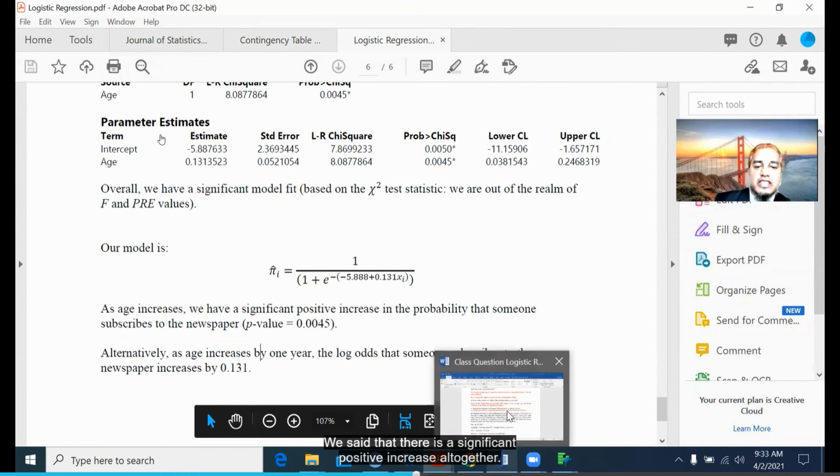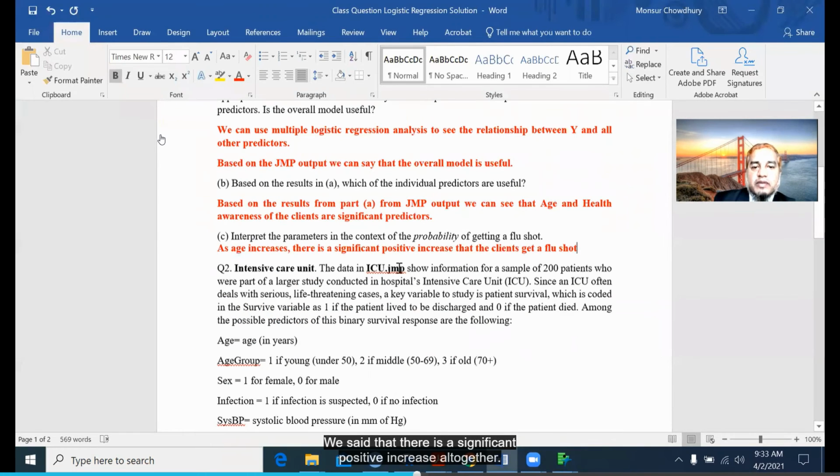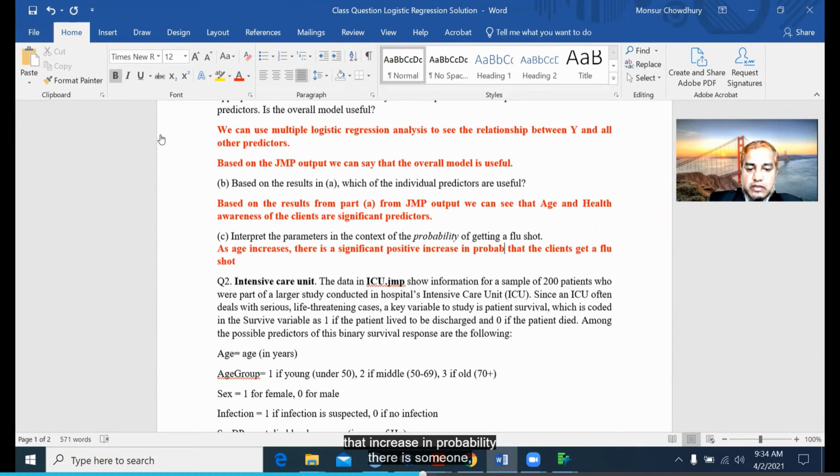So we say there is a significant positive increase, or we can say there is a significant increase in the probability that someone subscribed to a newspaper. Here we are saying there is a significant positive increase in the probability that someone, the clients, get a flu shot. Okay, now what about the next one?